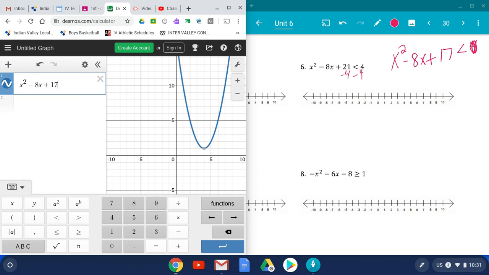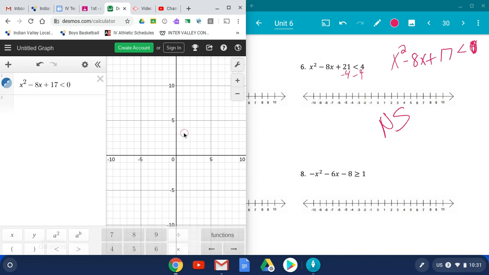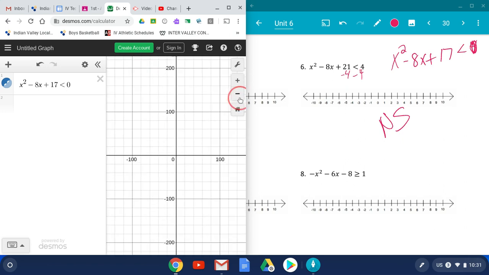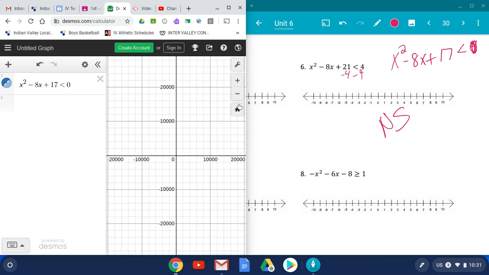Therefore, no solution. But just for fun, I want to show you what happens when it is less than 0. Oops. Again, no solution. It's gone.